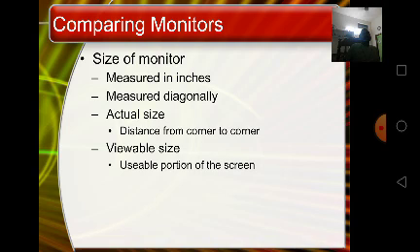A 17-inch monitor measures 17 inches from the lower left to the upper right corner. However, a CRT monitor's actual viewing area, that is, the portion of the monitor that actually displays images, is smaller than the monitor's overall size.